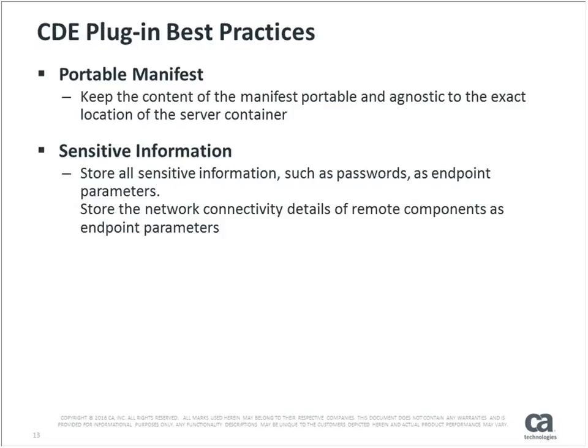So let's talk about the best practices overall, in what you need to do to create a manifest. The manifest has to be portable. What I mean by this is that you want to keep the contents of this file very agnostic to the location of the server container.